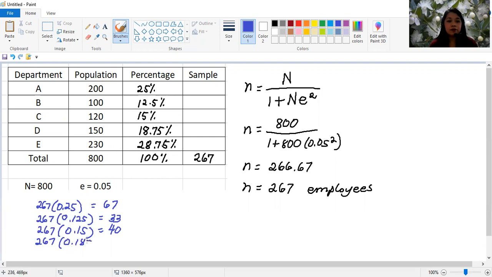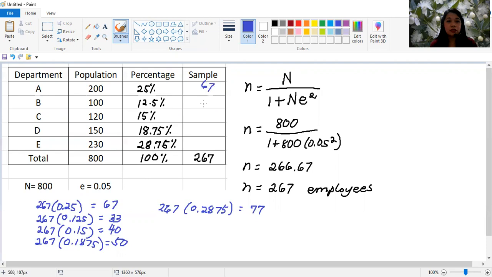So 0.1875 is equal to 50.0625. So we get 50. And then 267 times 0.2875 will give us 76.7625, or 77. So this will be our sample.